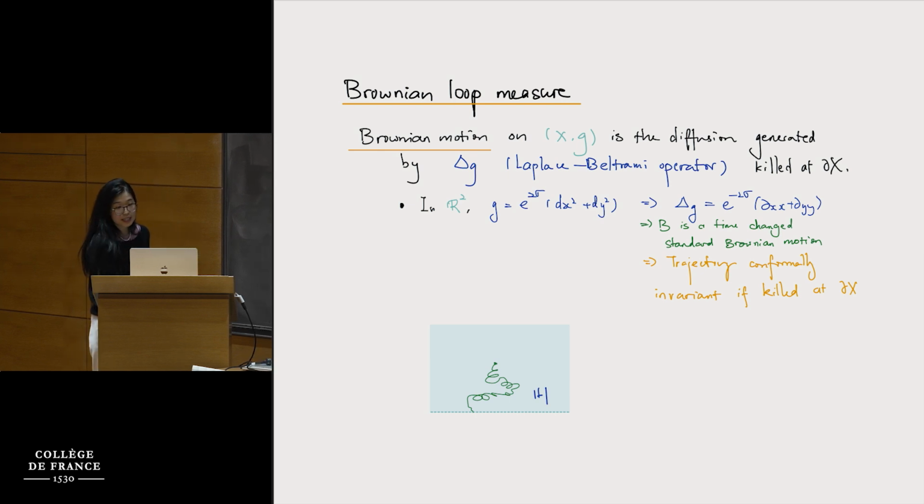I won't write down exactly how the time change works, but if I just care about the trajectory, which is conformally invariant, if I kill my Brownian motion when it hits the boundary in the Euclidean plane, it will stop somewhere on the real line.